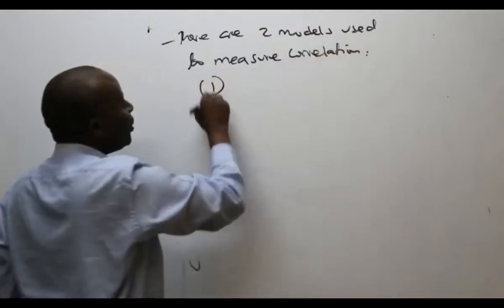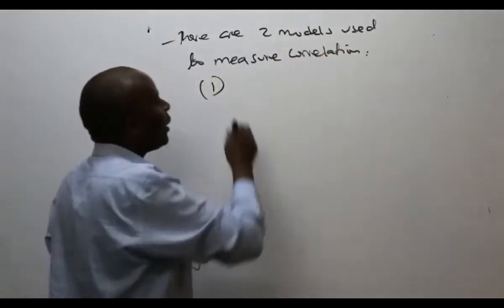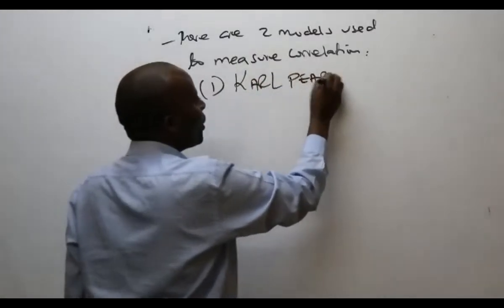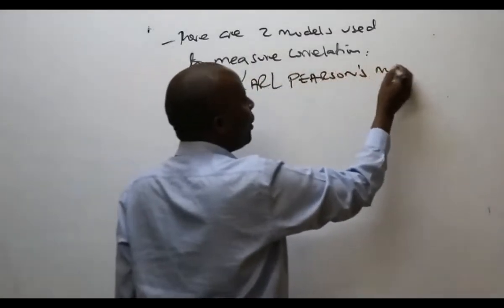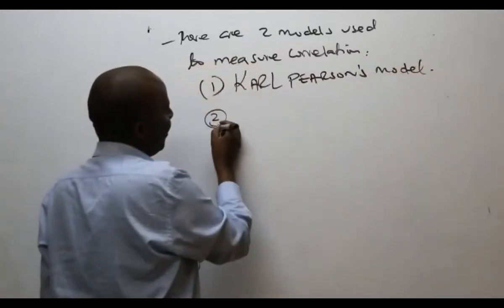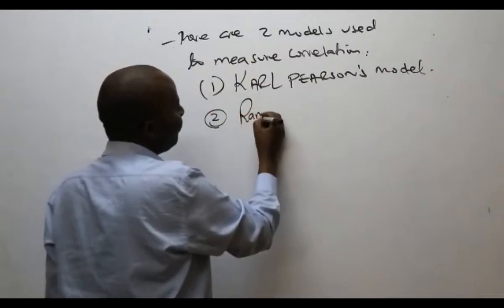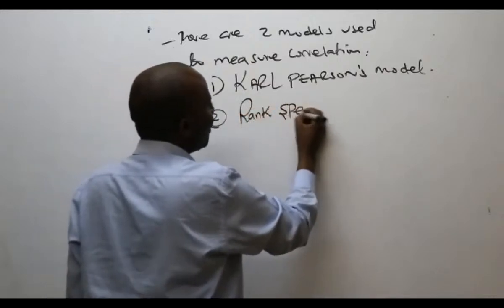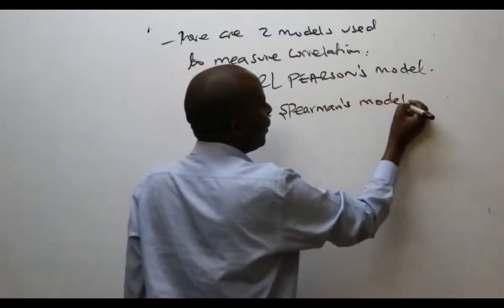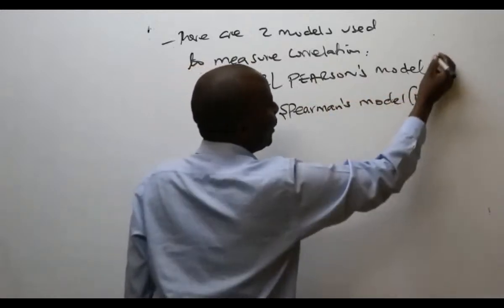Number one, ladies and gentlemen, we have what we call the Karl Pearson's model. And then number two, ladies and gentlemen, we have the Rank-Spearman's model. Both of them are denoted with R.